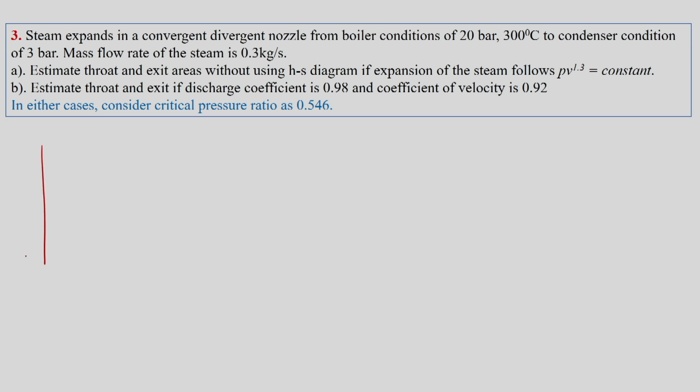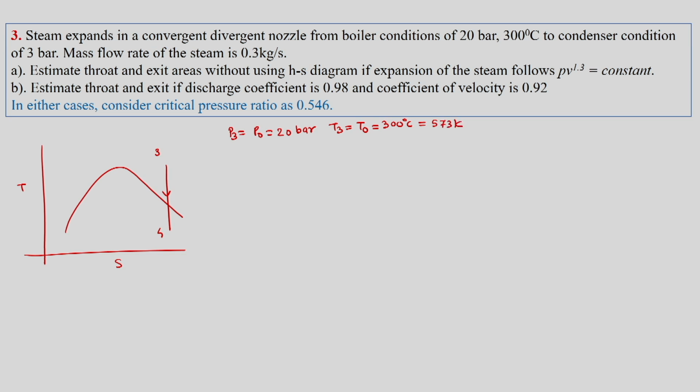Again, we will plot the TS diagram, and as per the TS diagram, we are in 3 to 4 where we are given P3 is equal to P naught is equal to 20 bar, T3 is equal to T naught is equal to 300 degrees Celsius is equal to 573 Kelvin.